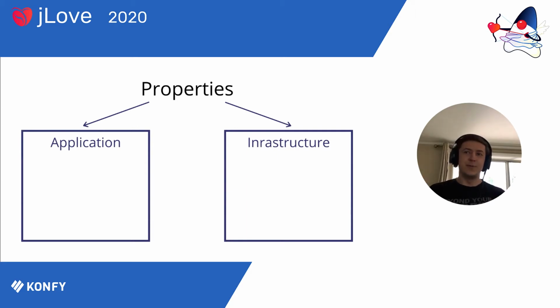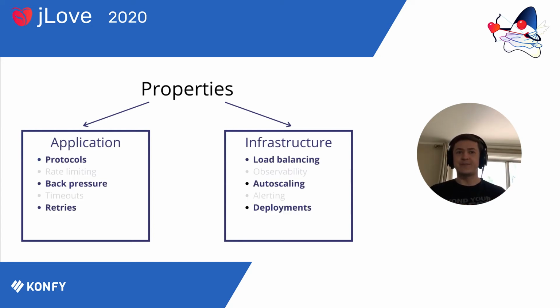It's load balancing, it's alerts, it's how we auto scale, it's everything about how we run the app. And many of these properties are very similar between request response applications and streaming applications. However, some of the aspects are very different. And at Canva, we had to come up with a solution for every single such difference. And these differences are what I'm going to focus on today.